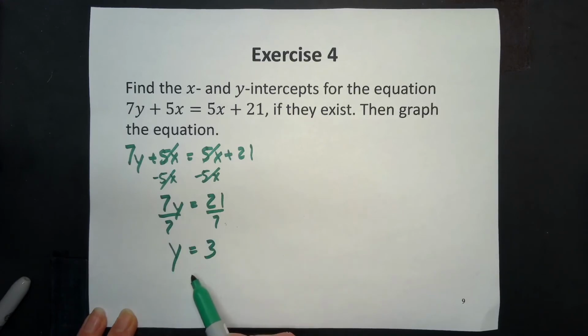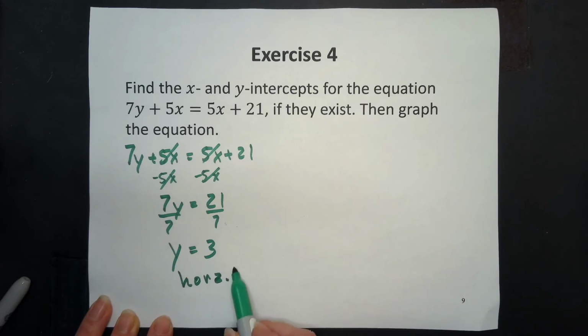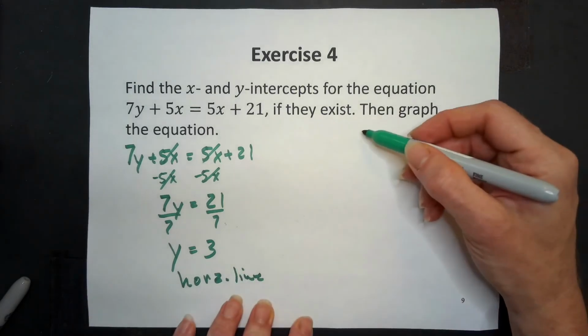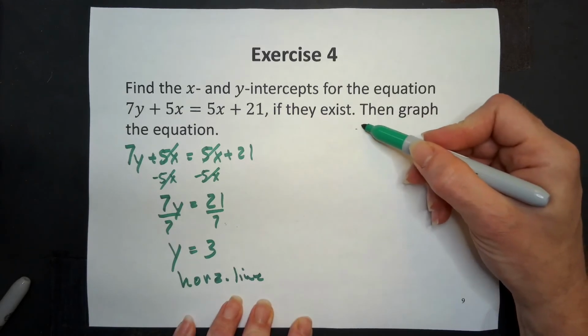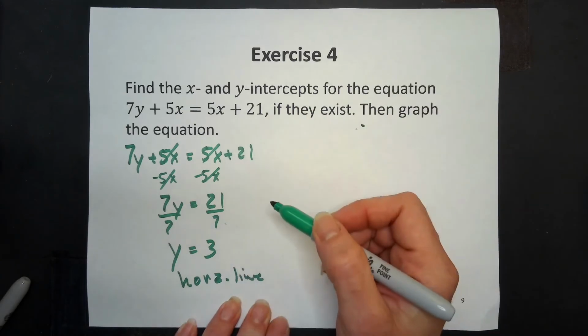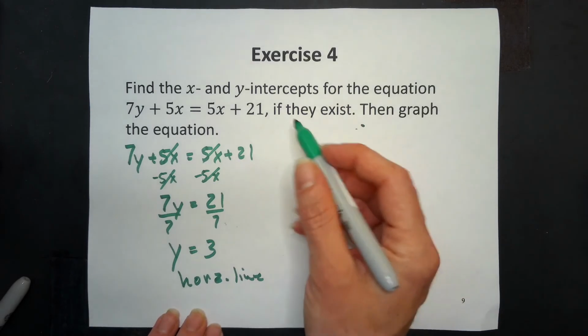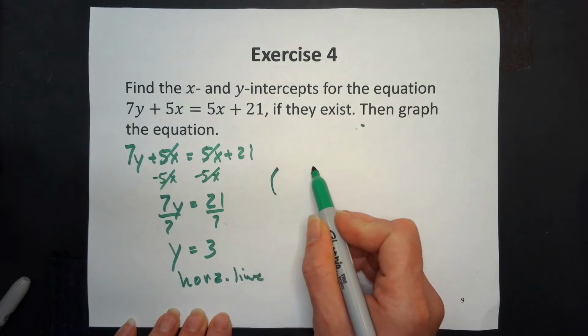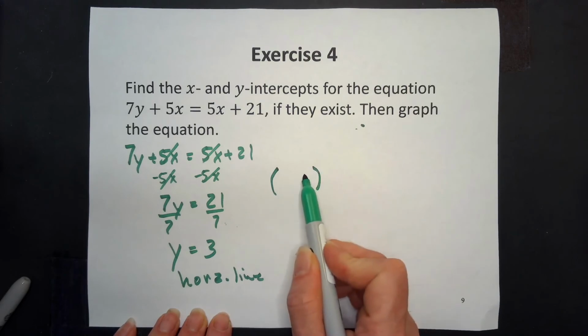Since there's no x, this is a horizontal line. It's y equals a number, so it's a horizontal line. When I go to graph this, it wants the x and y intercept. The only intercept it's going to have is where my y coordinate has to be 3.